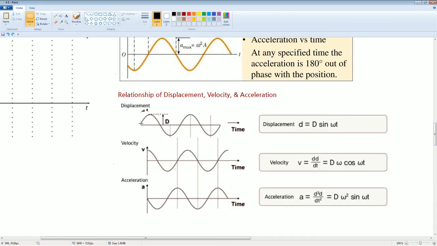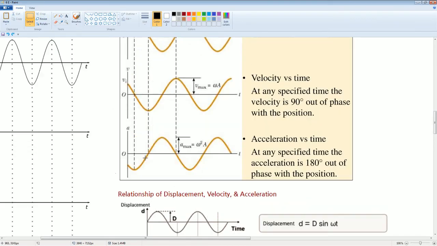If you move this over just 90 degrees, it should look exactly the same as the velocity. But what about if you move it a whole 180 degrees? It looks like the acceleration.